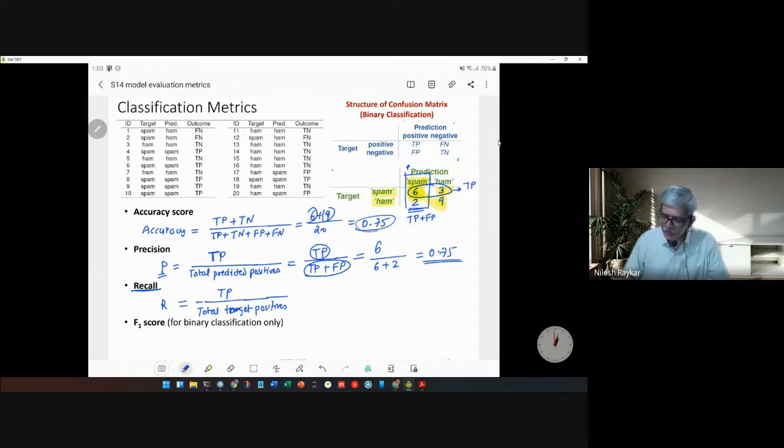So it is TP plus FN. So it is TP divided by TP plus FN. So in our case, there are a total of 9 spam mails, out of which you are predicting 6. So 6 by 9 becomes your score.